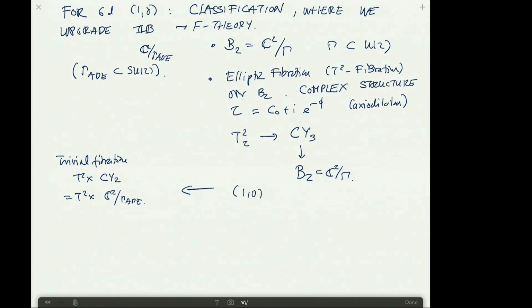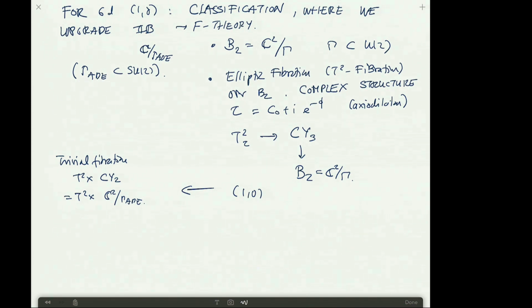All right, and so just in the same way as what we've done for these P1s, when we did the resolution of these ADE singularities, for the base B2 with these gammas, you can also do these blow-ups. And what you actually find is they have a very similar structure.